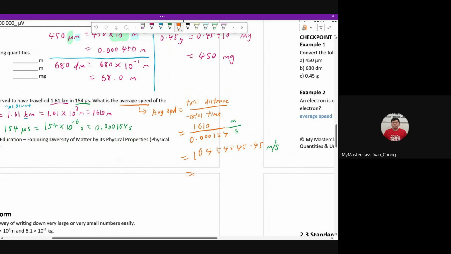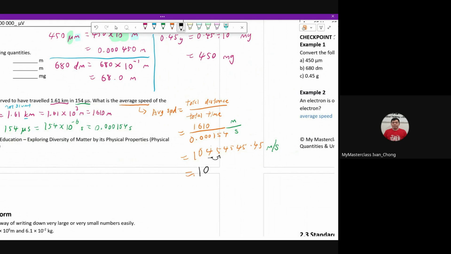Now, basically for most schools, you will round it to 3SF. So what do we mean by 3 significant figures? 3SF refers to 3 significant figures. Basically, we start from your first non-zero digit. We write 1, 0, and 4 is our third digit, right? But we look at the fourth number.